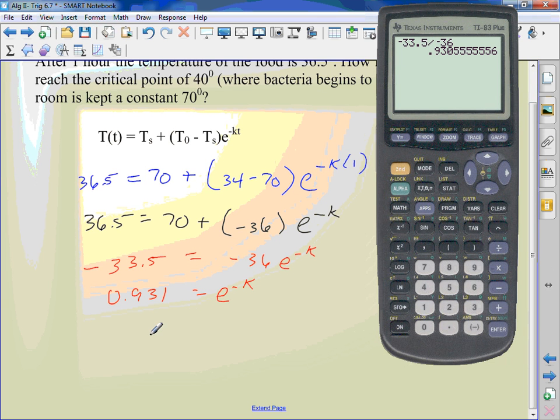I take the ln of 0.931. That gets rid of the e. Negative 0.071 equals negative k. So k is 0.071.